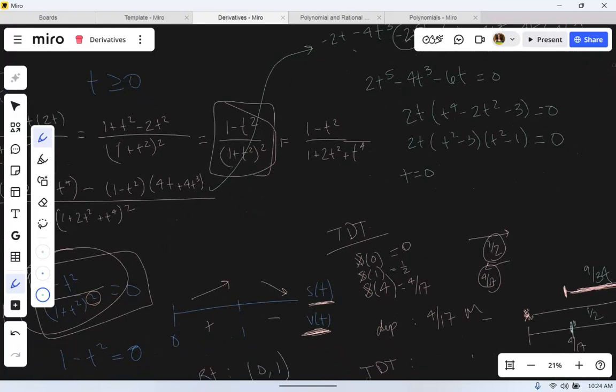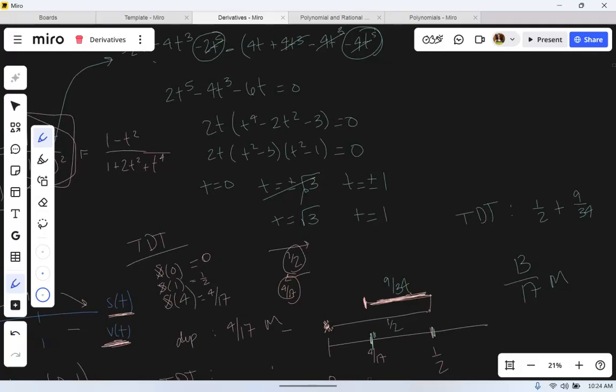Well, that's where I start. t equals plus or minus square root of 3, but negative doesn't make any sense, so it's just square root of 3. And t equals plus or minus 1, the negative doesn't make sense, so 1. So I've got 2 places acceleration is changing signs, at square root of 3 and 1.